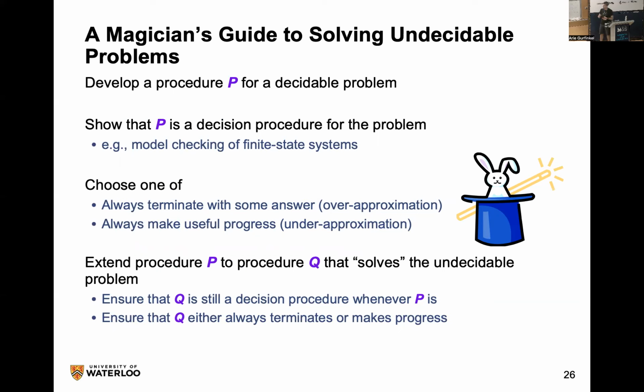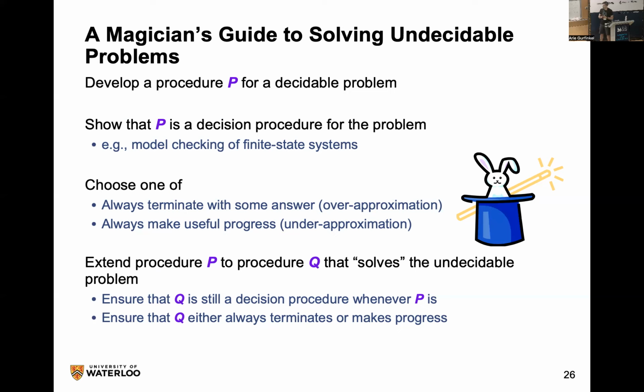Or we can give up in another way. We'll say we'll maybe never terminate, but we're always going to make progress. And progress here is from the perspective of refutational completeness. That means that if something is unsat, we'll eventually discover it. If there is a counterexample, we'll eventually find it. But we may go forever looking for a counterexample if it's very far. And even if there is no counterexample, we may diverge looking for it for a long time.